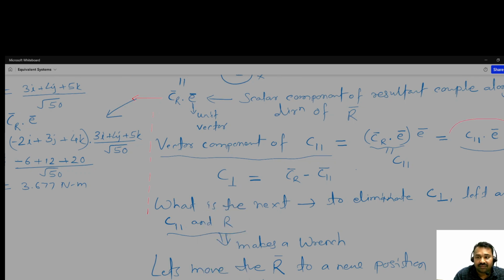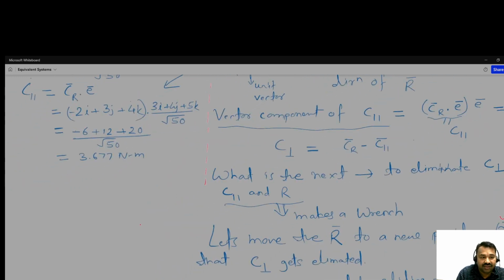So in the vector form, we are going to write C parallel, the parallel component of the resultant couple. It is equal to C parallel multiplied by the unit vector. Okay, so it is already what we got. This is equal to C, this is equal to this actually.